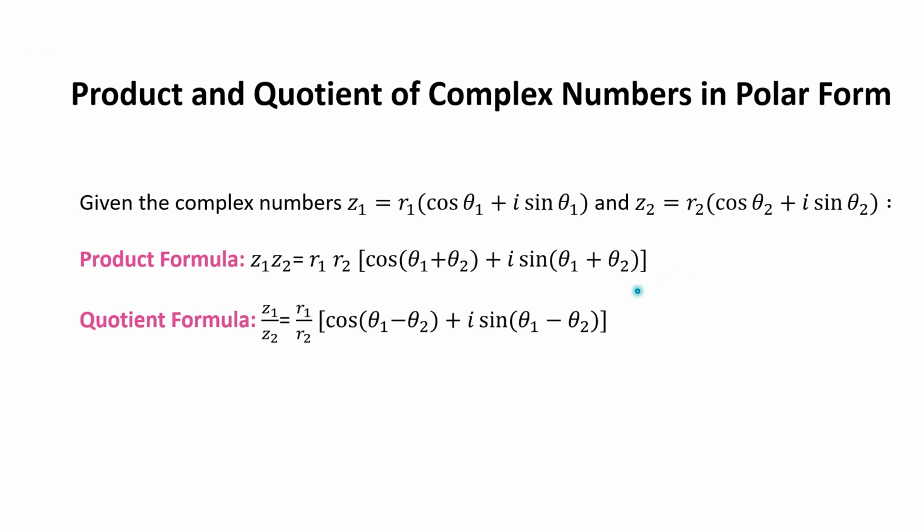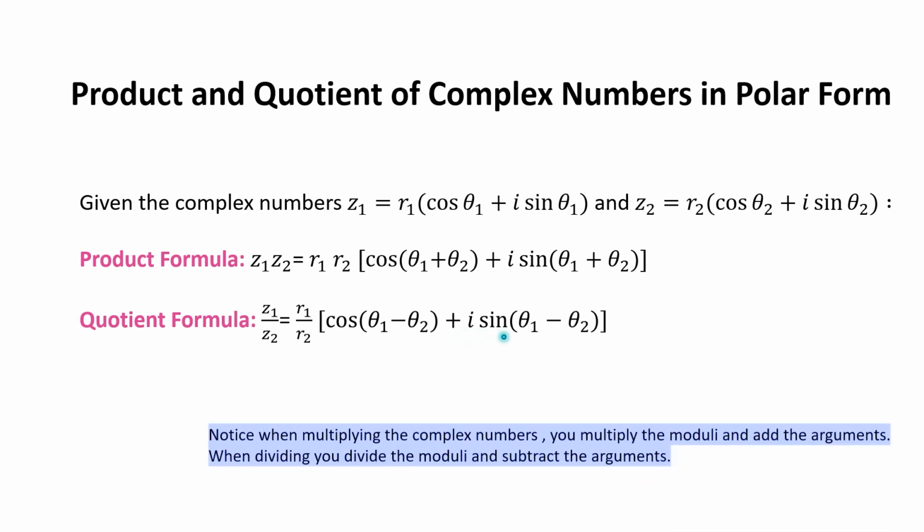For dividing the complex numbers, we use the quotient formula, which states that z1 divided by z2 is given by r1 by r2 times (cos of theta 1 minus theta 2 plus i sin of theta 1 minus theta 2). Notice when multiplying the complex numbers, you multiply the moduli and add the arguments. When dividing, you divide the moduli and subtract the arguments.